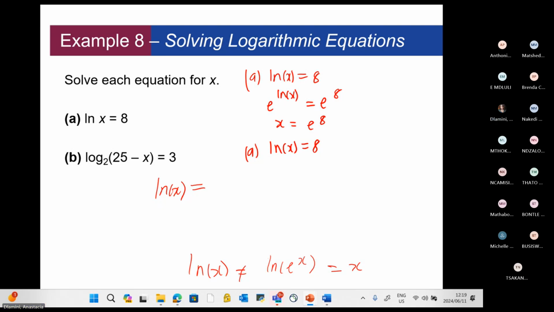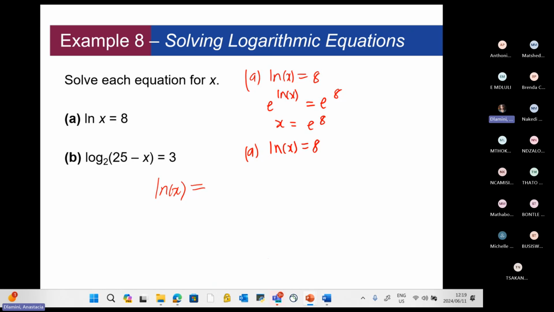Guys? Ln of x is equal to what? What is the definition of a natural log? Guys, what is the definition of a natural log? I'm not going to write it.